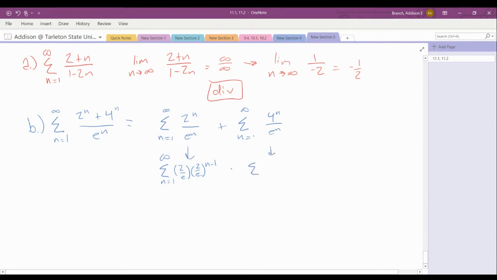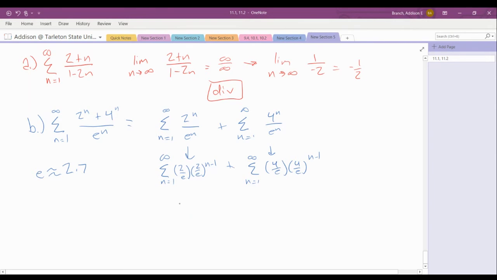And over here we can get 4 over e times 4 over e to the n minus 1. So our first thing we need to do is check to see if these are going to be convergent or divergent. So e, I believe, is approximately 2.7-ish.